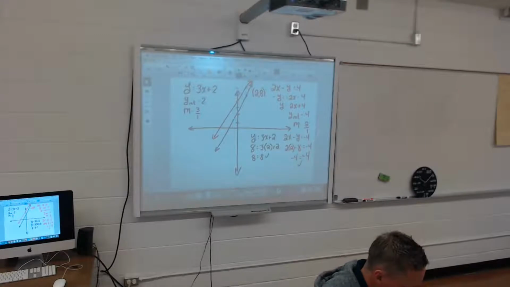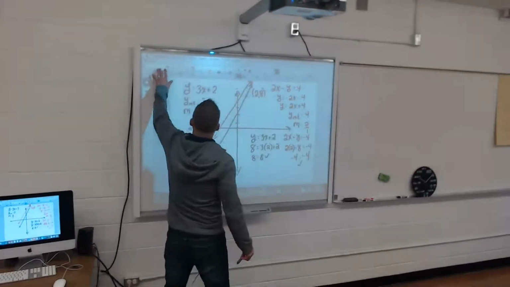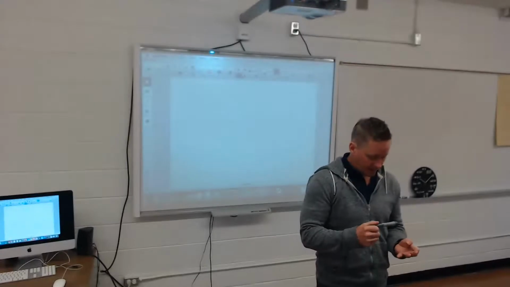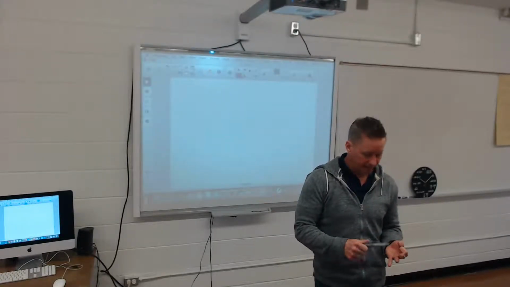Okay, so let's have a look at question 1 on page 171. And again, in chapter 7, I showed you 3 methods in order to graph. The first method was to change it to y equals mx plus b.